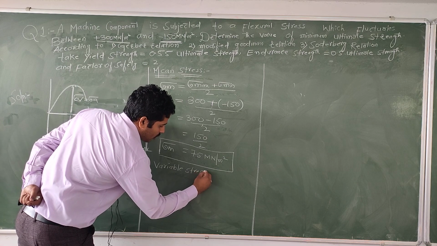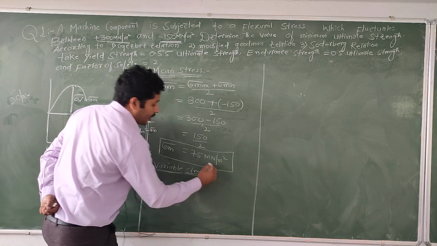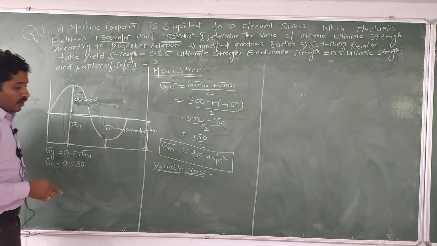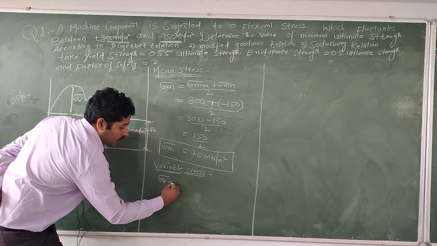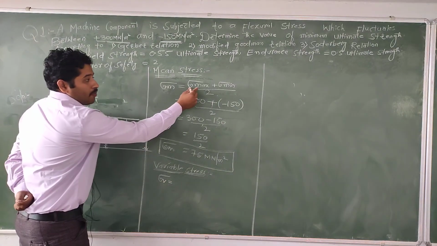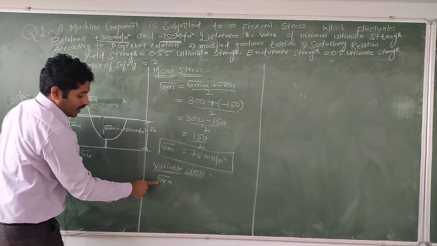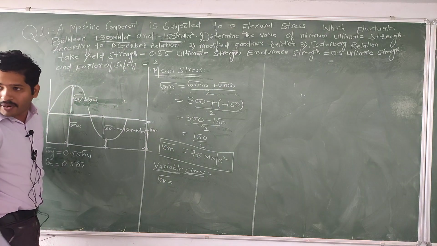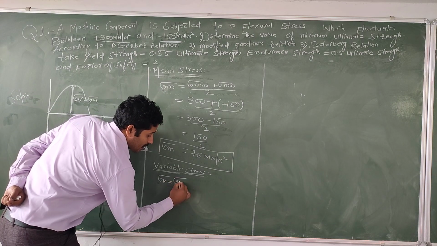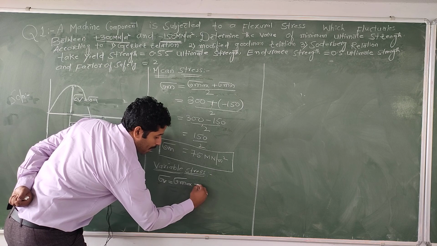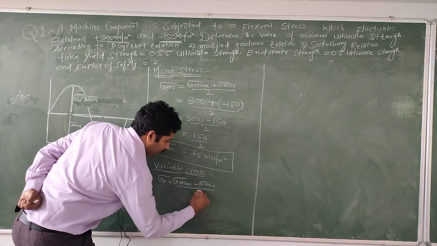Variable stress, or we can say amplitude stress. Then we can represent variable stress as sigma v equal to sigma max minus sigma minimum by 2. Already I taught you in the derivation part: the maximum stress minus minimum stress by 2.